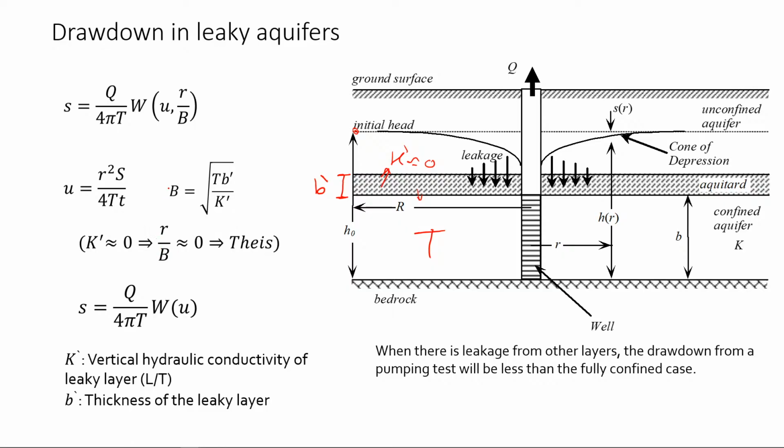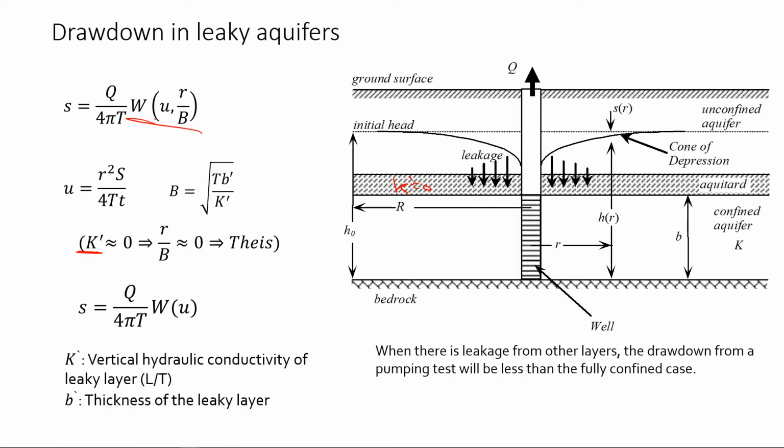Then B will approach zero, and you'll get the Theis solution, where you don't have any recharge from here. That is the case when k prime here is equal to 0, and then you'll get the Theis solution.